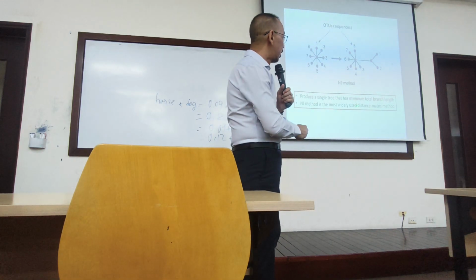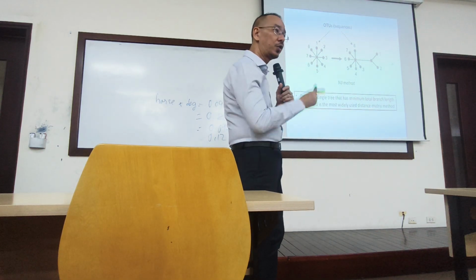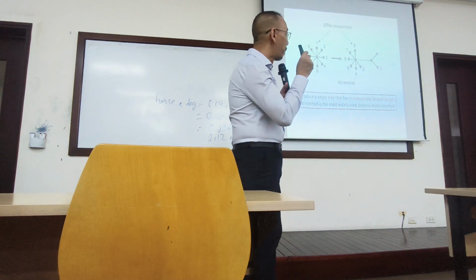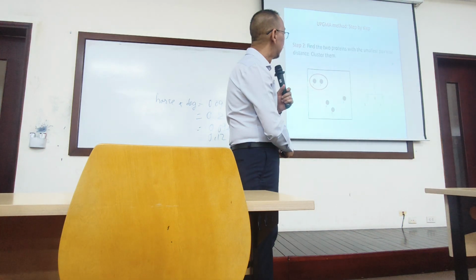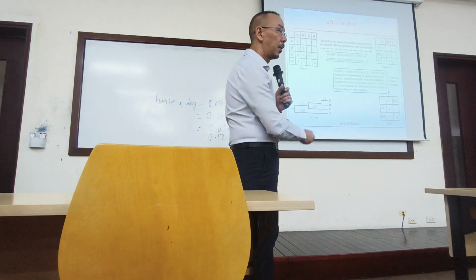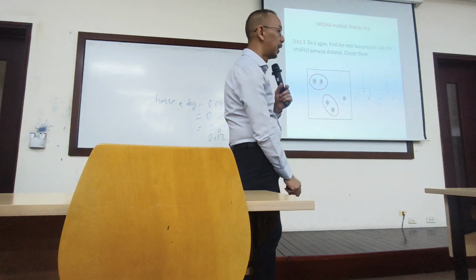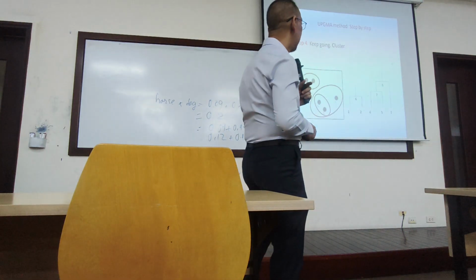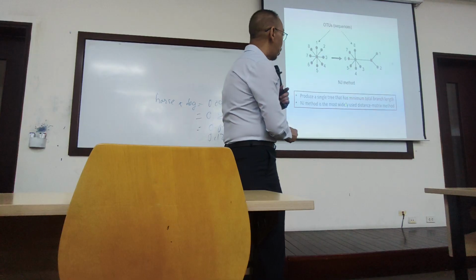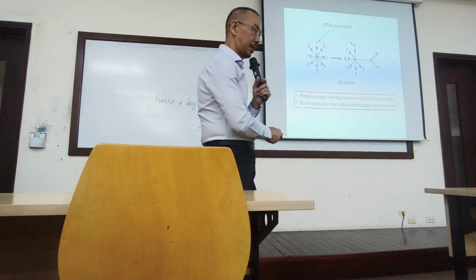Because it can generate many trees, not a single tree. But the program, based on how it scores the distance, calculates the distance and then generates only one tree for you. The output is only one tree, not many, and the output here has the minimum total branch length.